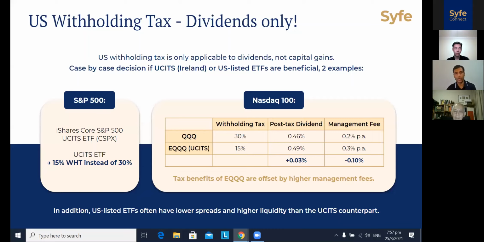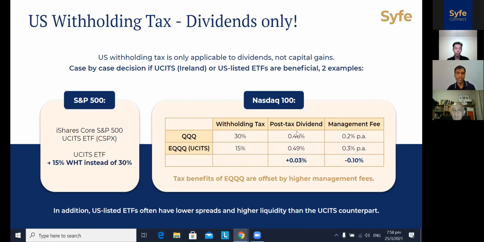But then there are other ETFs where we go for the US-listed ones, because even if you take into account the dividend withholding tax, you are much better off holding the US ETF. The 30% withholding tax, you should not look at in isolation. The management fee of the Irish domiciled ETF for QQQ is higher, at 0.3%.